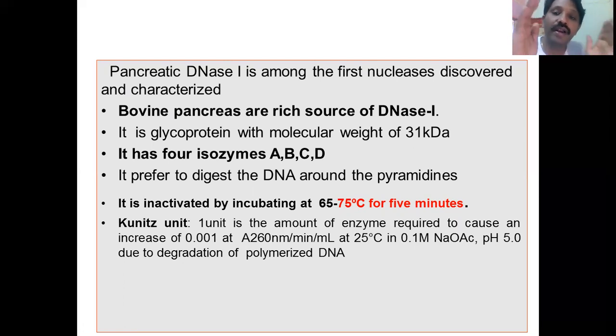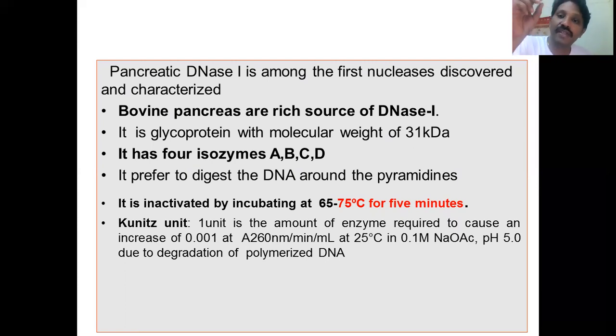When you provide the polymerized DNA, DNase breaks down the polymerized DNA into mono-, di-, or tetranucleotides. When DNA is degraded into nucleotides, its absorbance increases. So the increase in absorbance is recorded at 260 nanometers, right?